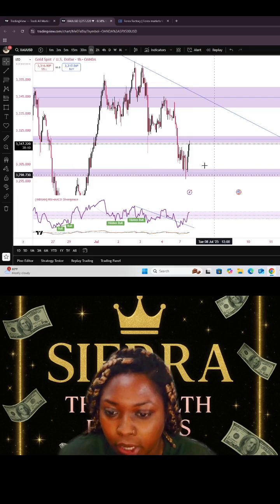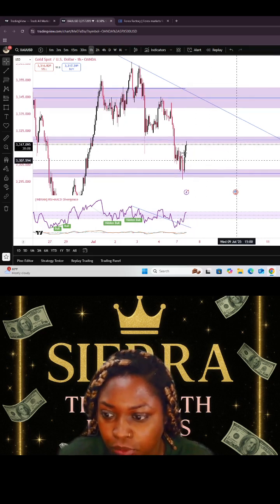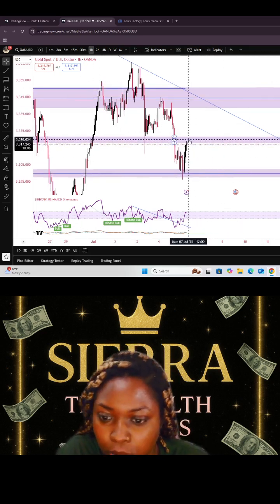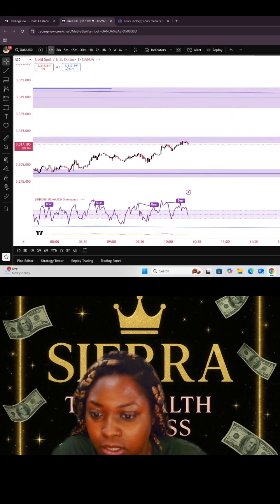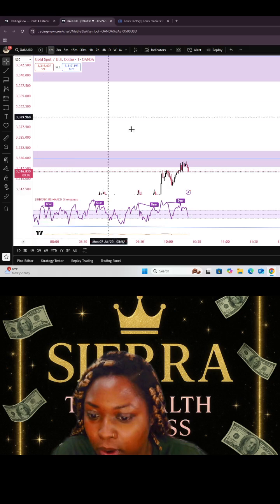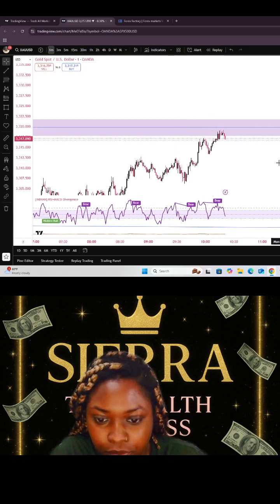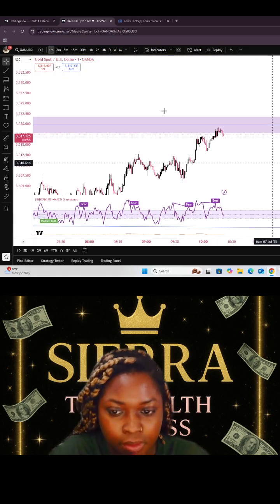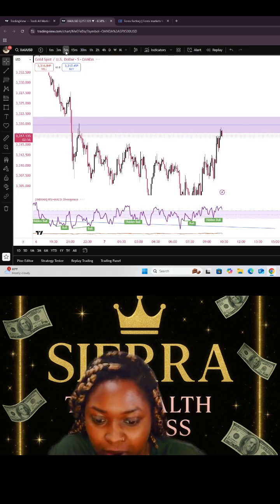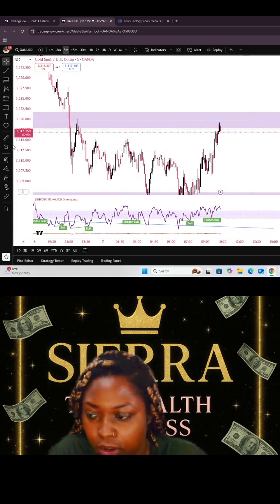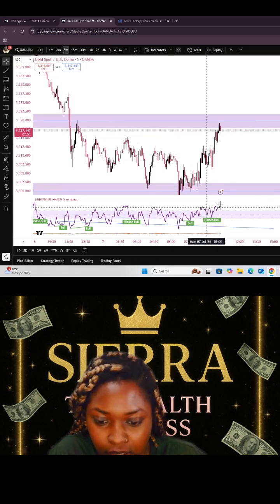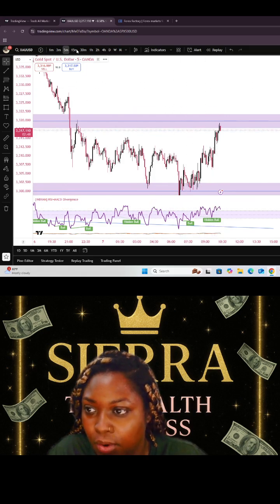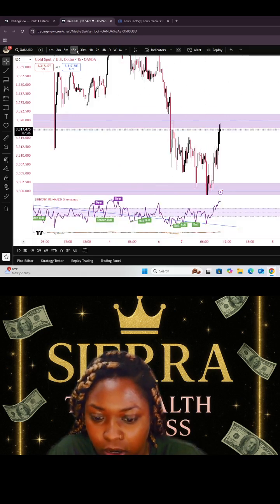All right, so we're getting some kind of rejection here on this zone, but I still want to see price come up to this 50%. But I'm going to come down to my 1 minute time frame now. Let's come to 5 minutes, see what's going on. On the 5 minute, price is overbought, and now we're getting this double top here. I want to come to the 15 just to see what's going on up here.